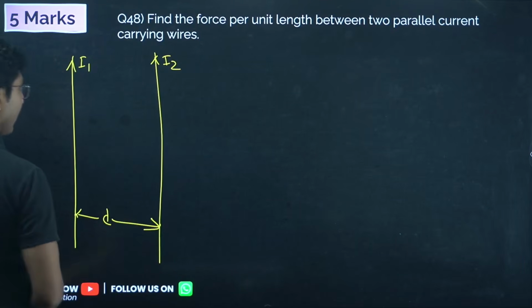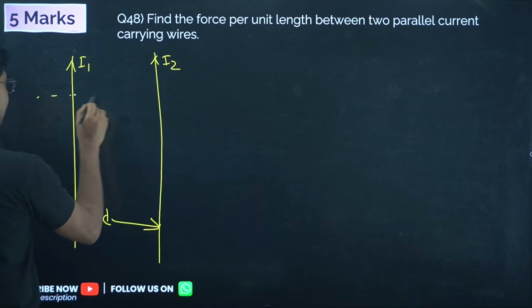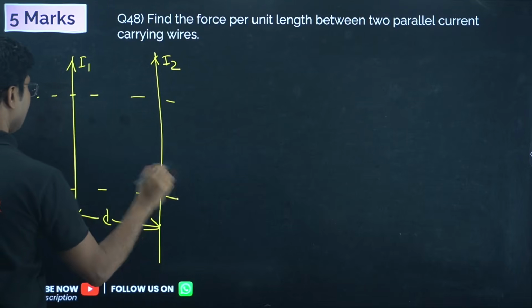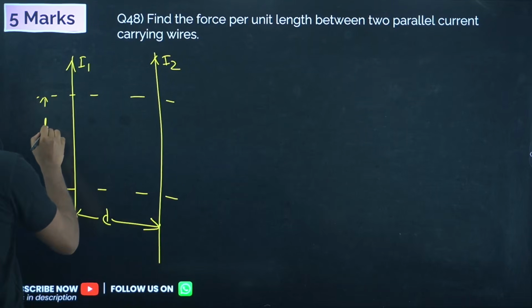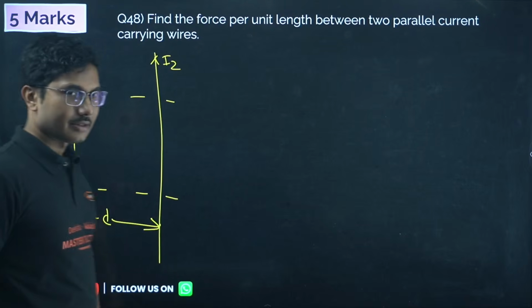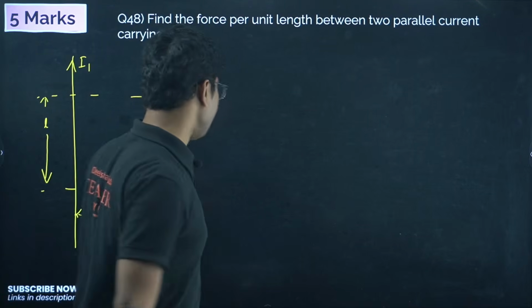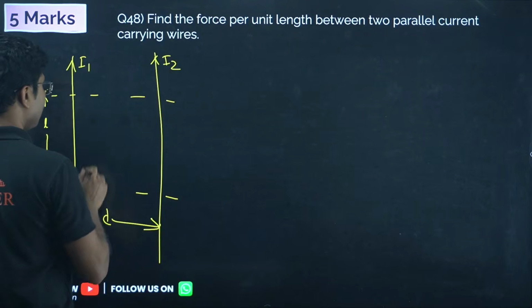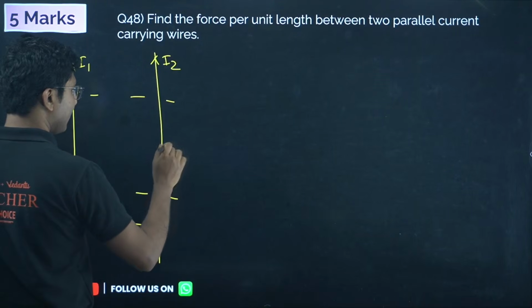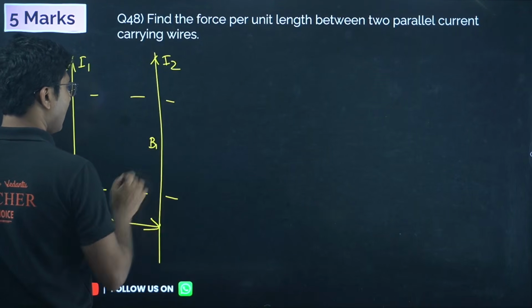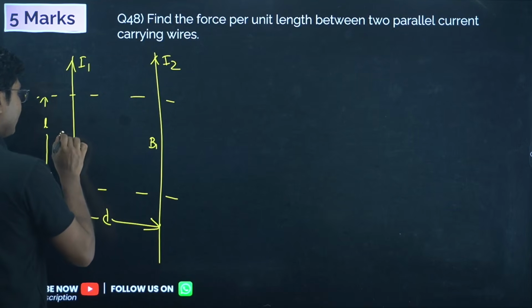So distance between the wires is d, and you have to take some arbitrary length. Remembering the diagram actually helps. 60% of the derivation is done with it. So this is I1, so magnetic field due to this is say B1, and magnetic field due to I2 is say B2.